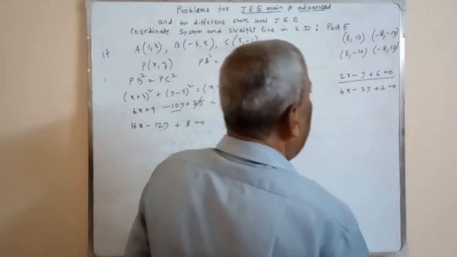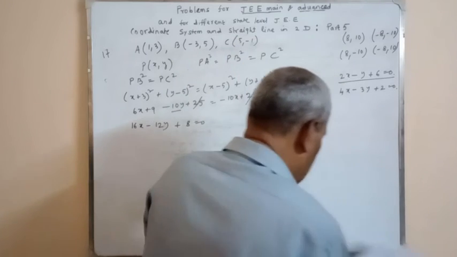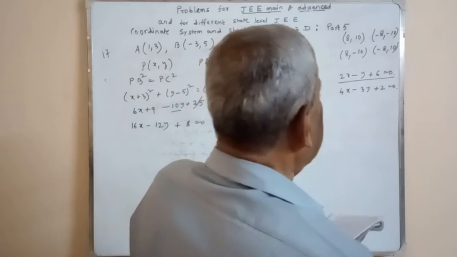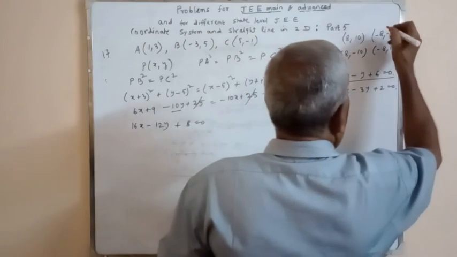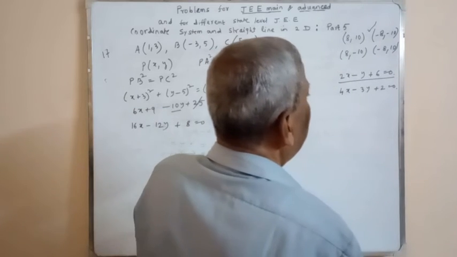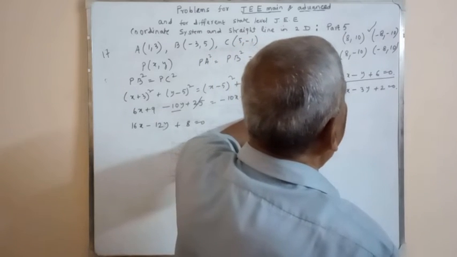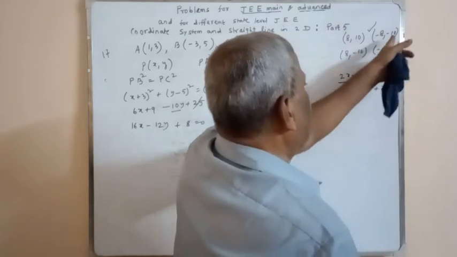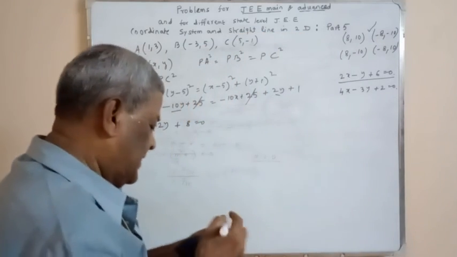Solving this and that, our answer is (-8, -10). This is the correct option. You see, this satisfies that. This also satisfies this. So you have to solve it.